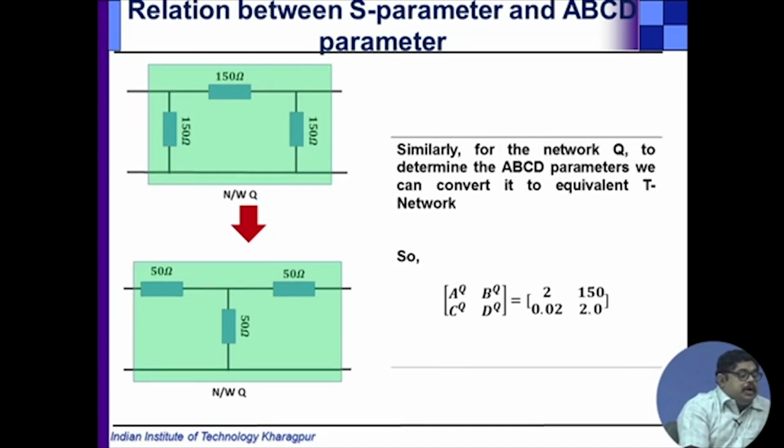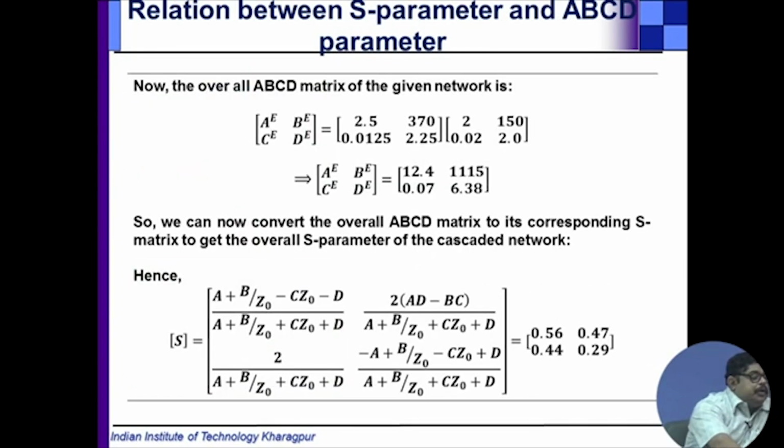Then the pi network, you can either convert it to a T network and then find the ABCD matrix. So, these two we have found.